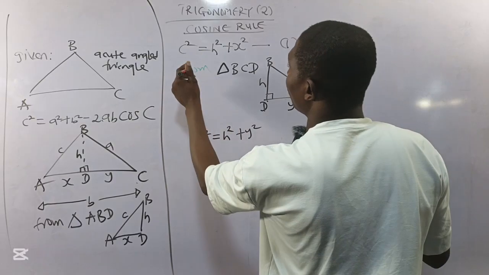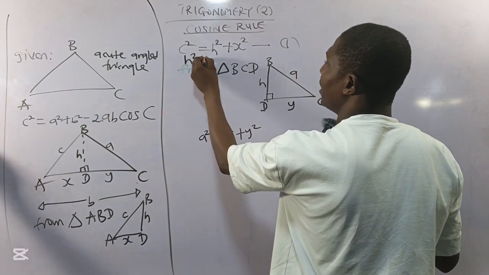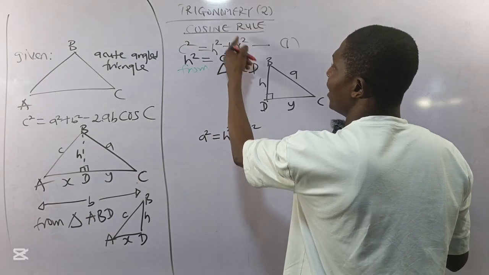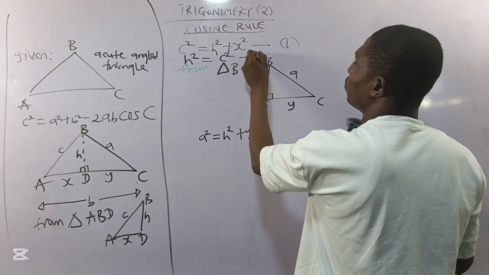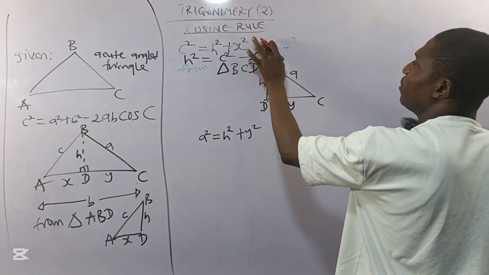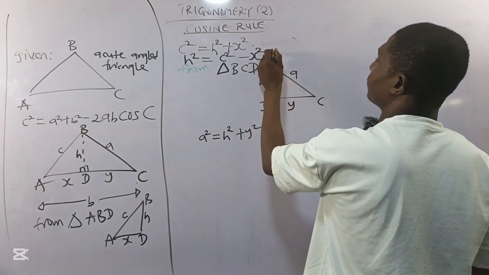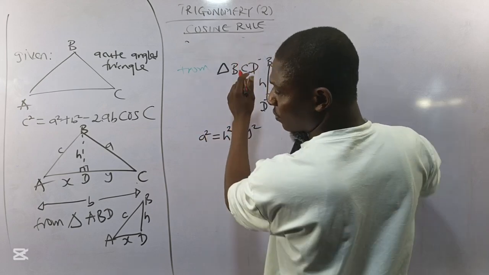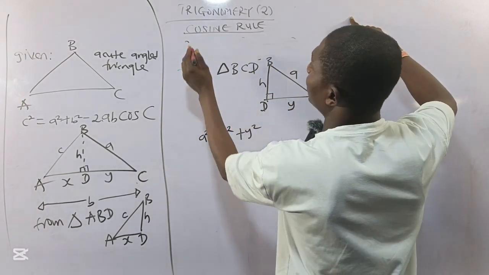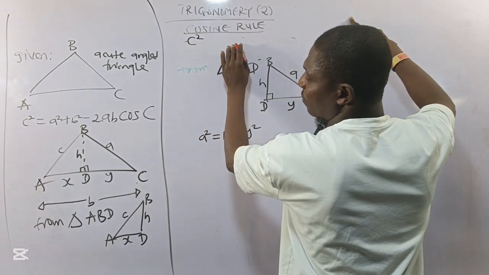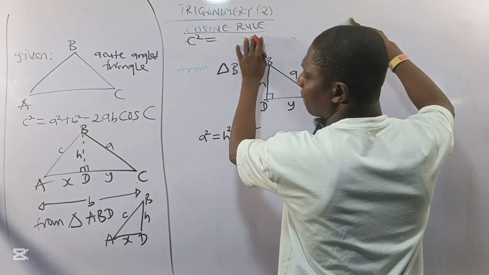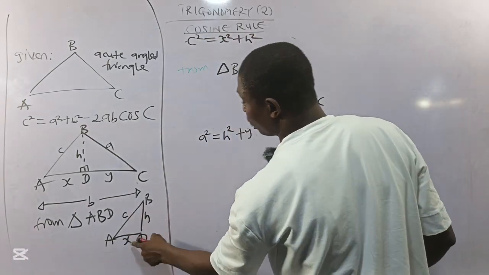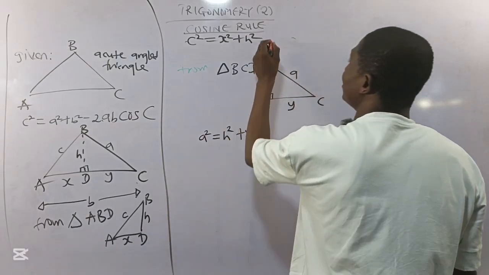H squared is equal to c squared, and x will move to the other side, minus x squared. So c squared is equal to x squared plus h squared, because this is the hypotenuse side, so it must equal the sum of the squares of the adjacent and the opposite side.